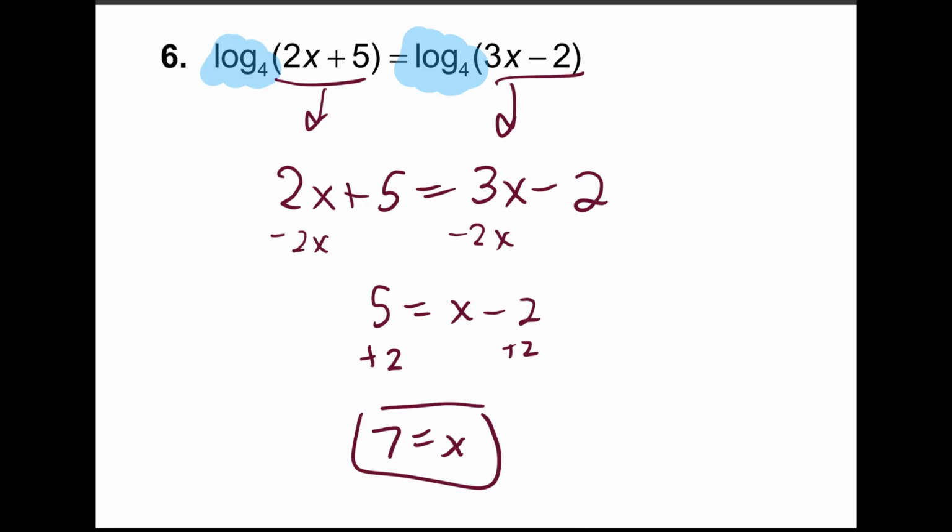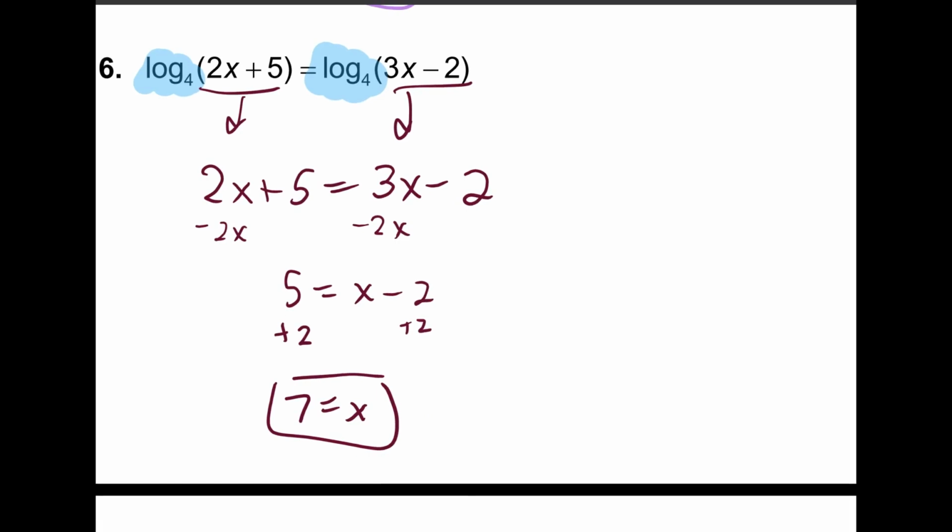I have to make sure I don't run into an extraneous solution, but this is fine. If I put in 7 for x, on the left side I would get log base 4 of 19 after I plug it in. On the right side, I would get log base 4 of 19.